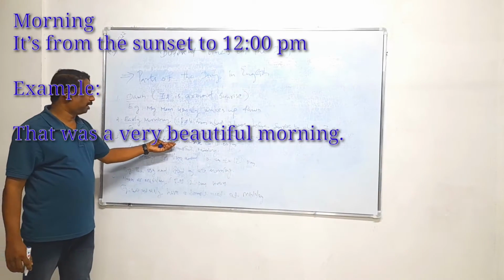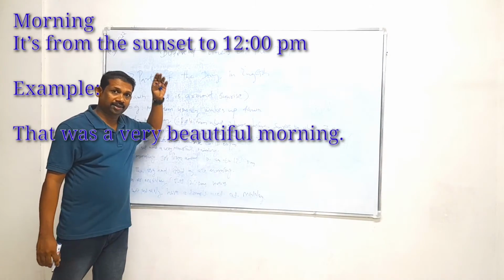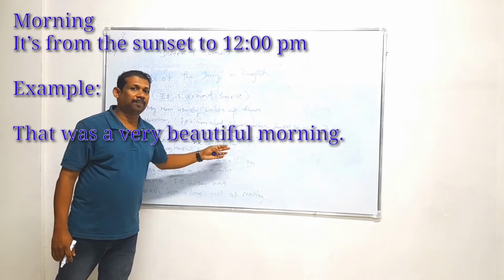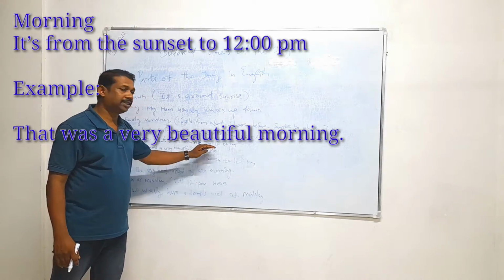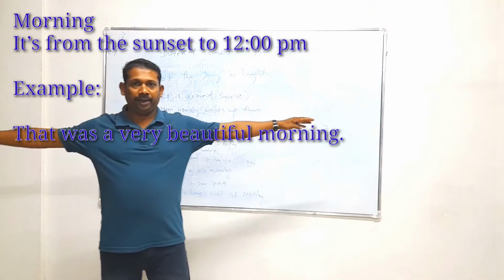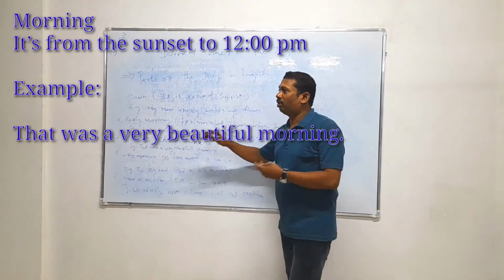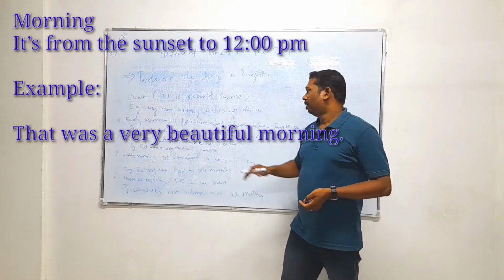So from sunrise, around 7 o'clock, to 12 p.m., you usually say this is morning. That's a long period. All that time we call morning.